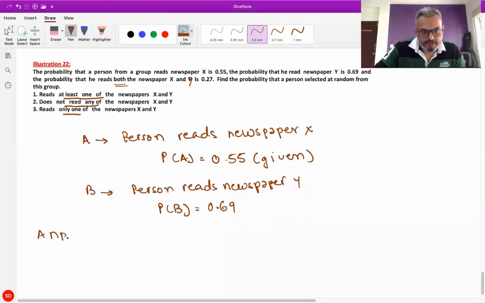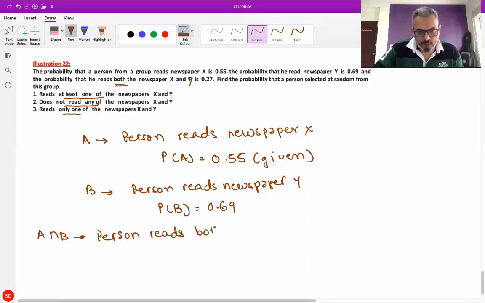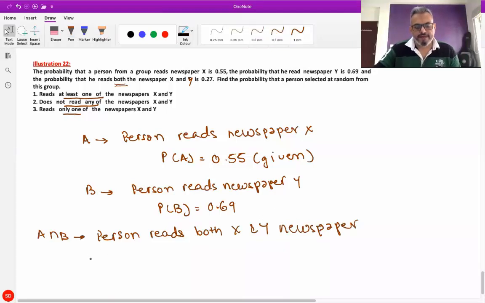A intersection B denotes person reads both X and Y newspaper.